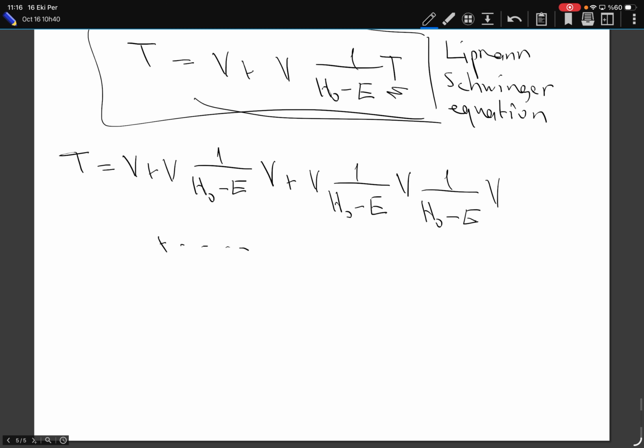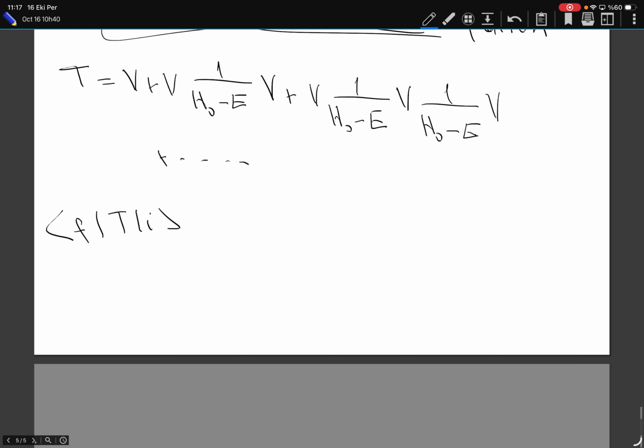And in general, what we will be interested in is these matrix elements. So how can an initial state, let's say I, evolve into my final state F? For example, this is what we will be calculating when you have electron scattering.